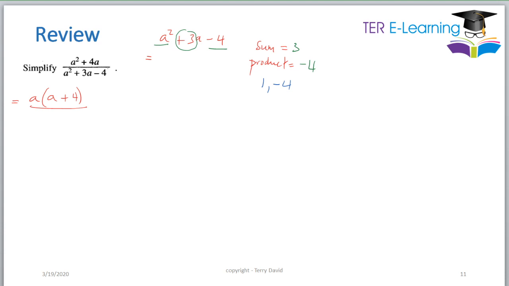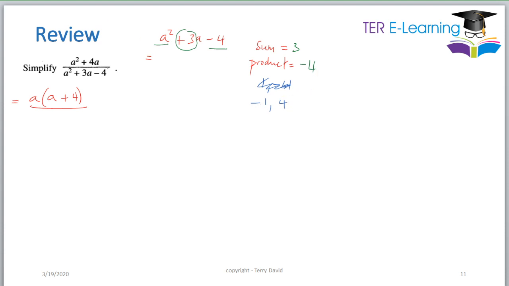Okay, so he changed his answer, so it's minus 1 and plus 4. Let's see. Minus 1 by 4 gives me minus 4, and then minus 1 plus 4 gives me 3.